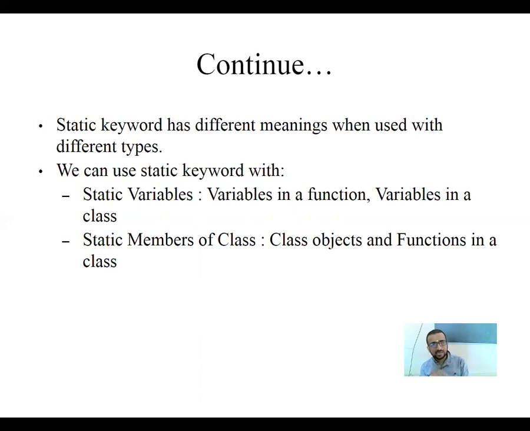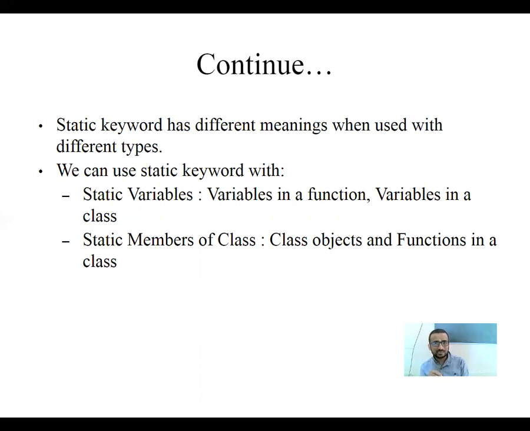So we can use the static keyword with static variables and static members of a class. Whenever we use the static keyword with static variables, that is variables in a function and variables in a class, it is going to have a different meaning.